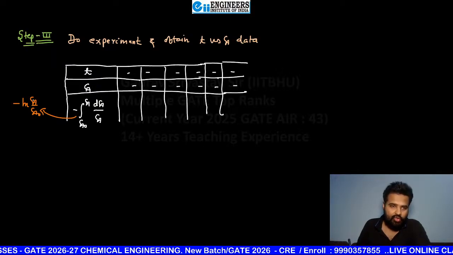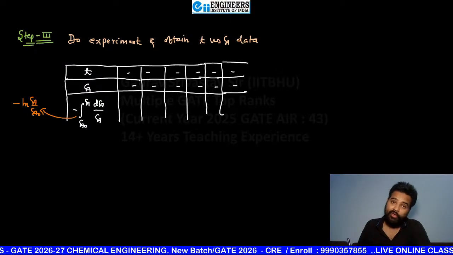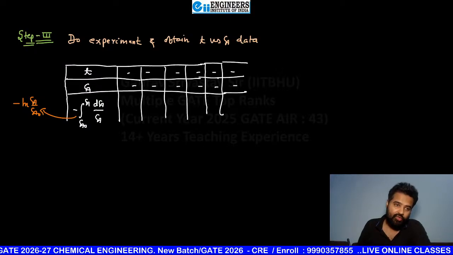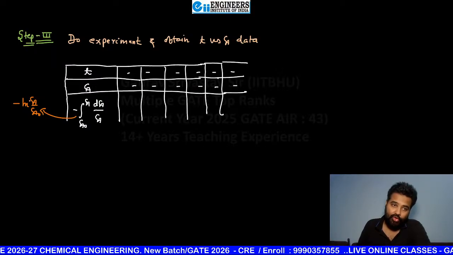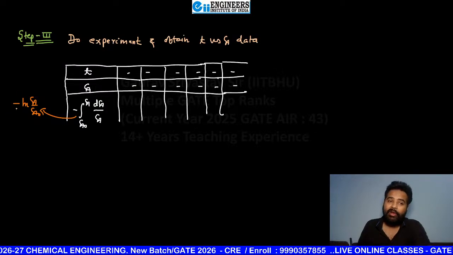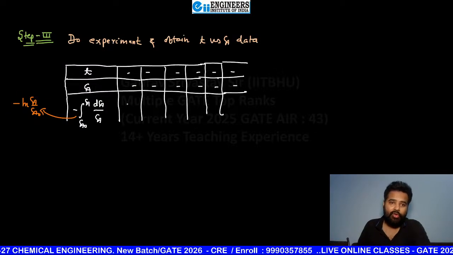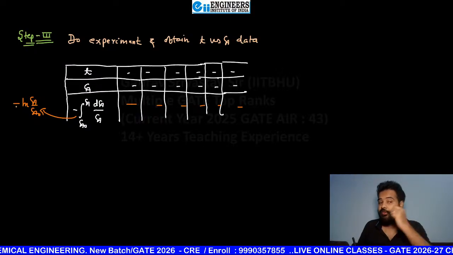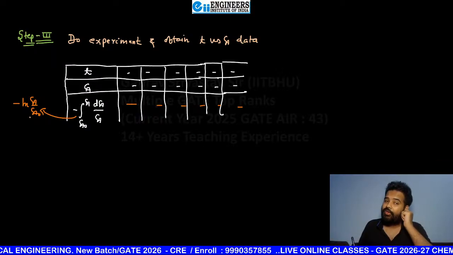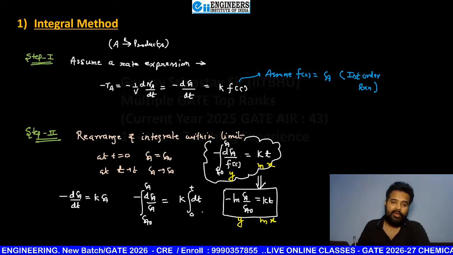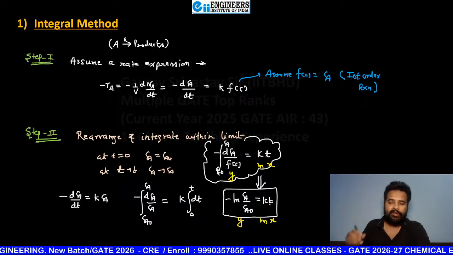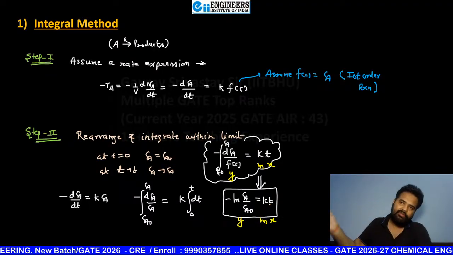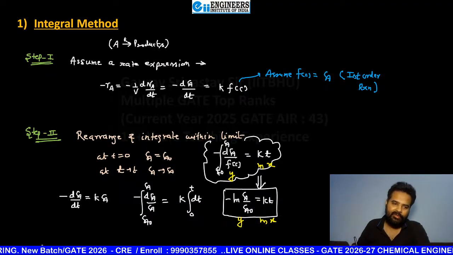You know the Ca value, you know Ca naught, the initial concentration. So you have to put different Ca, and it will give you different minus ln of Ca by Ca naught values. If a different order, then instead of this, something different will be present. On the right hand side only Kt will be there, and everything else will be on the left hand side.